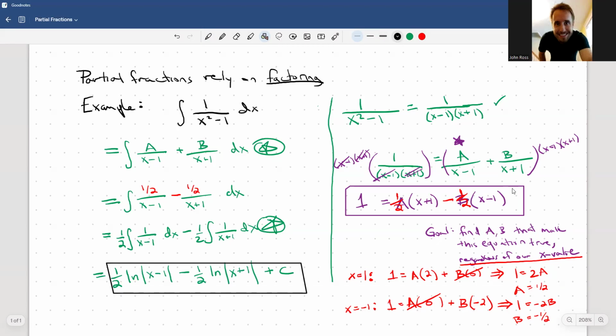In summary, this method of partial fractions works by looking at rational expressions that we cannot integrate just by using basic techniques like substitution. The real heart of the method is in our scratch work here on the right.